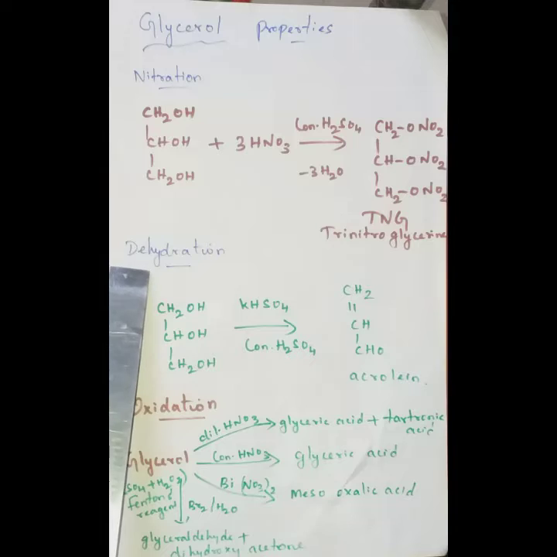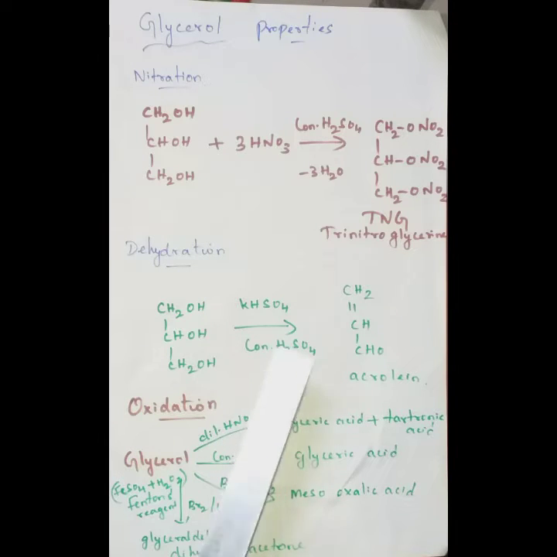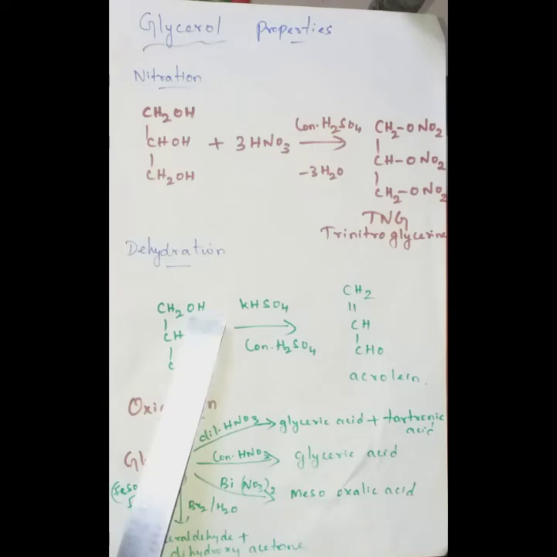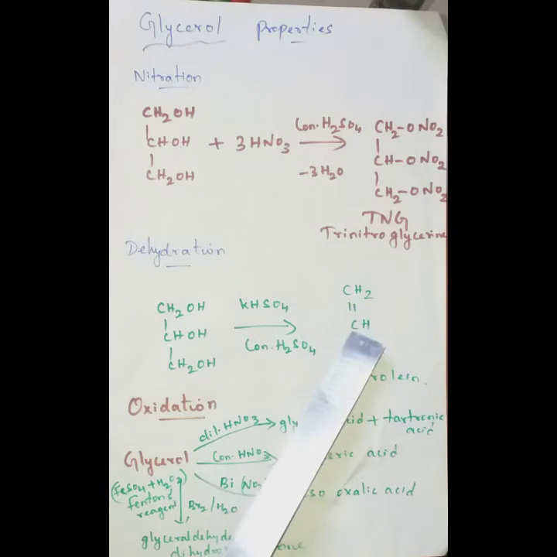The next reaction is dehydration. So glycerol, when it is treated with conc. H2SO4, which is a good dehydrating agent, also we have to use potassium bisulfate, KHSO4. Two water molecules are eliminated to form acrolein, CH2=CH-CHO.